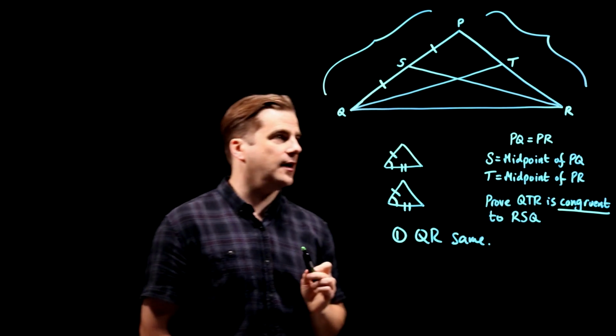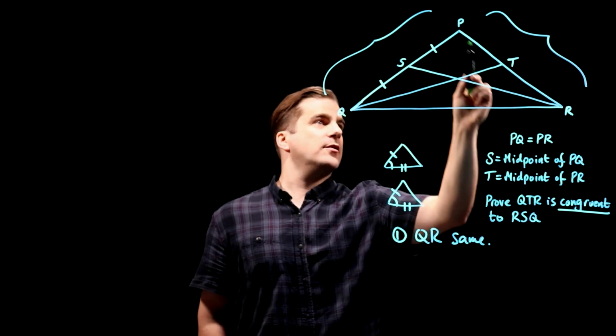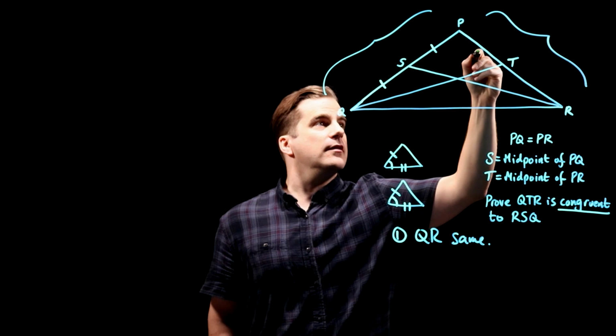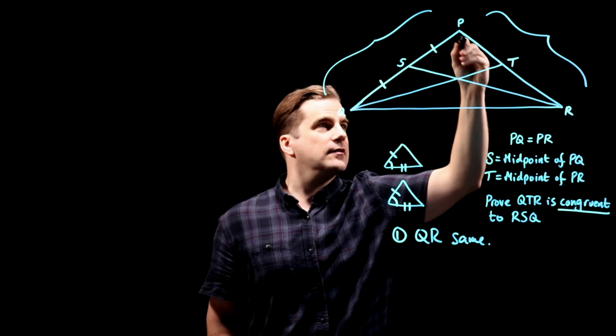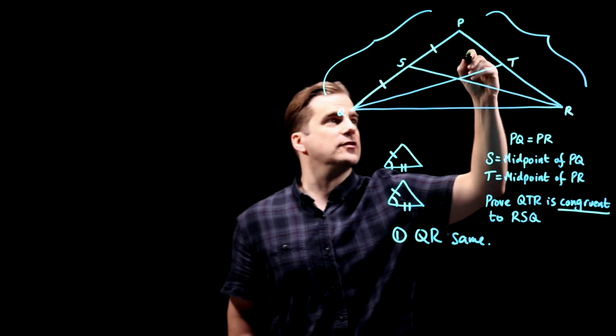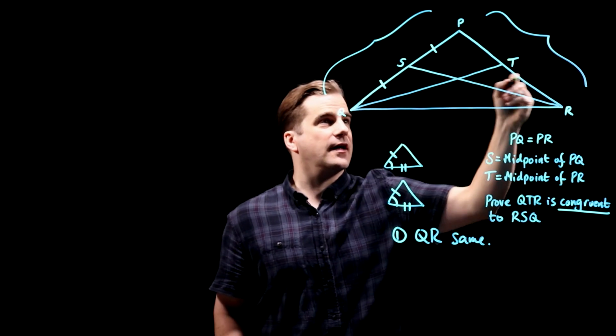T is the midpoint of PR. Same thing again. That there, PT, must be the same as TR. So I could just immediately do two lines like that, like here.